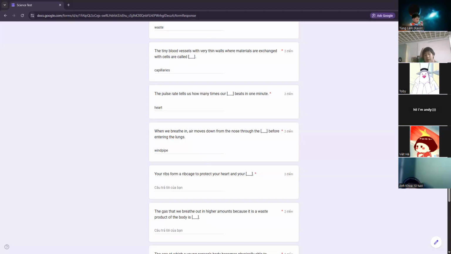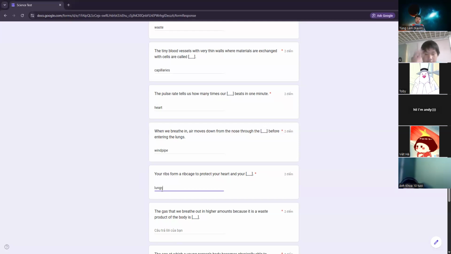What does the rib cage protect other than just the heart? The rib cage protects two things. Is it the lungs? Yeah, it is the lungs.